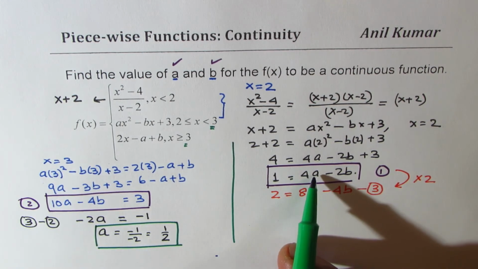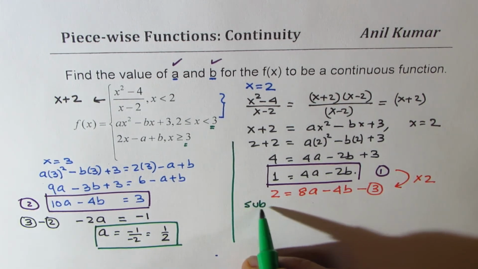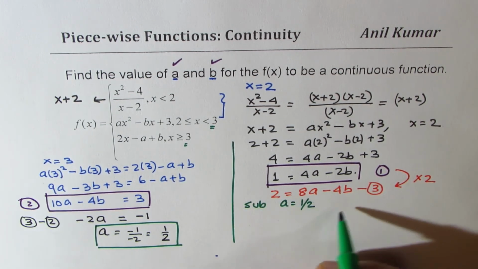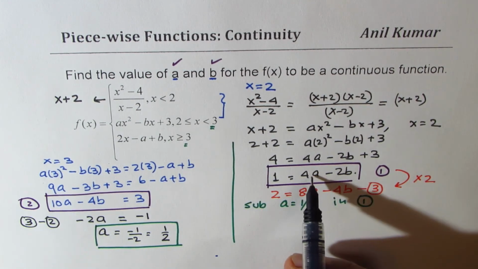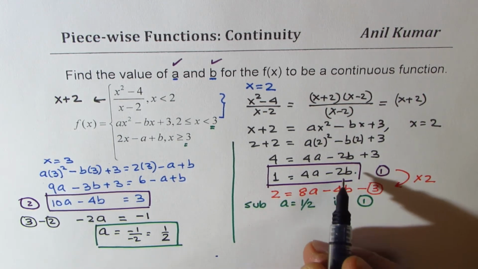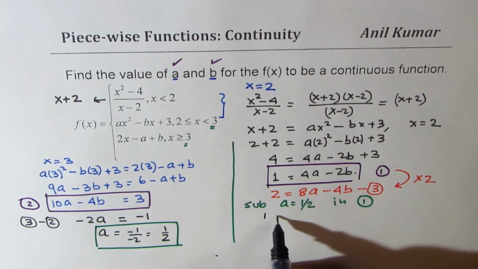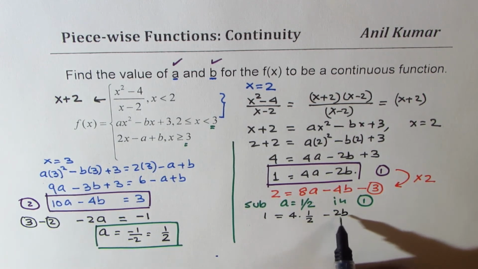Substituting the value of a in any one of our equations, we can find what b is, right? So let's substitute a equals half in equation 1. So we get 1 equals 4 times half minus 2b.